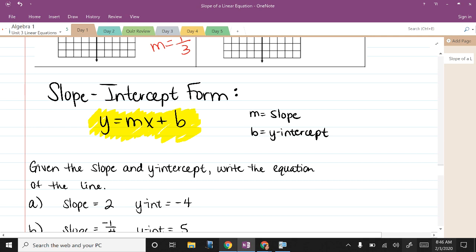Another formula for you to memorize. Y equals mx plus b. Raise your hand if you've heard of that. Should be all of us, yeah. Y equals mx plus b is the formula for slope-intercept form of a line.